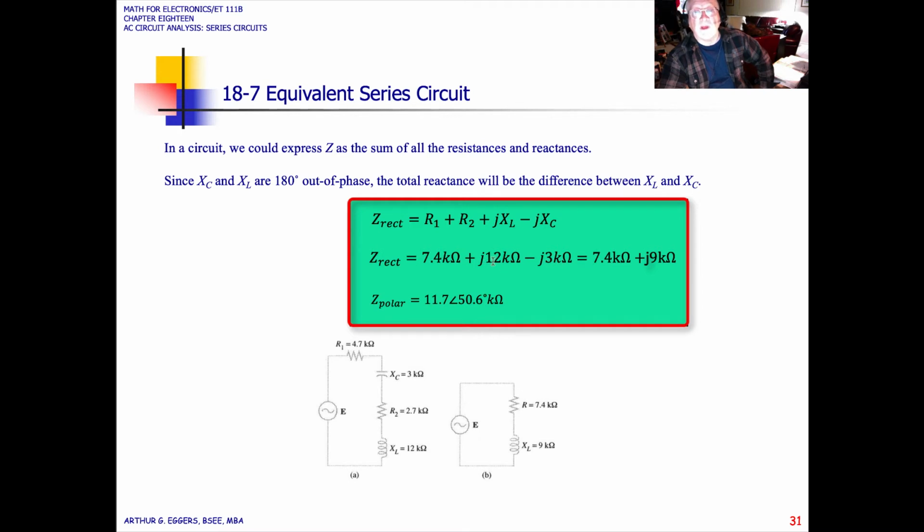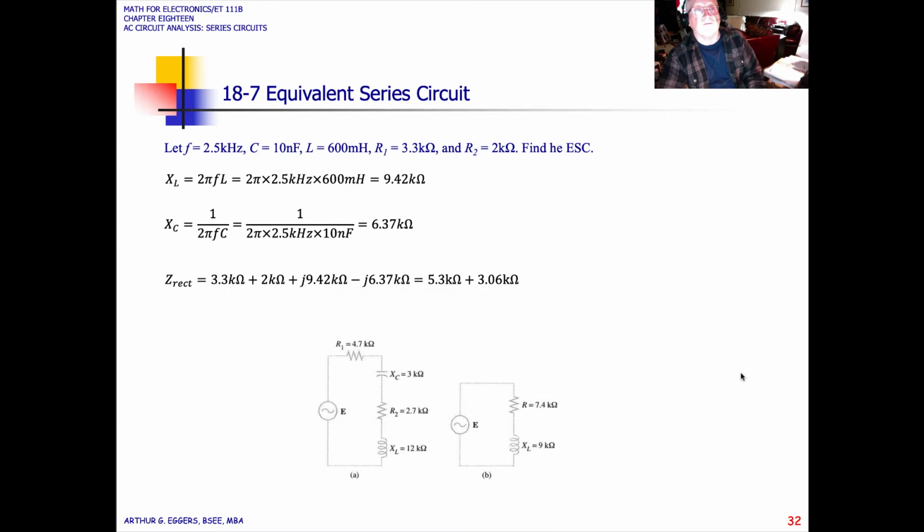At that point, we can combine them, and we get 9 k ohms of imaginary. That should be imaginary right there, j. And that will give us a polar form of 11.7 k ohms at an angle of 50.6 degrees.